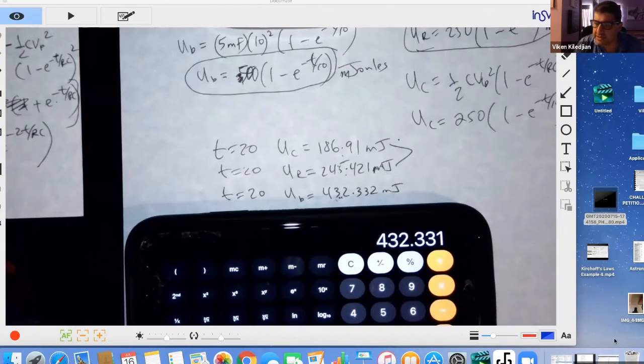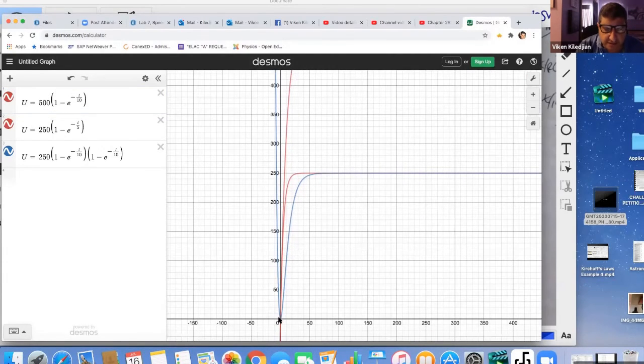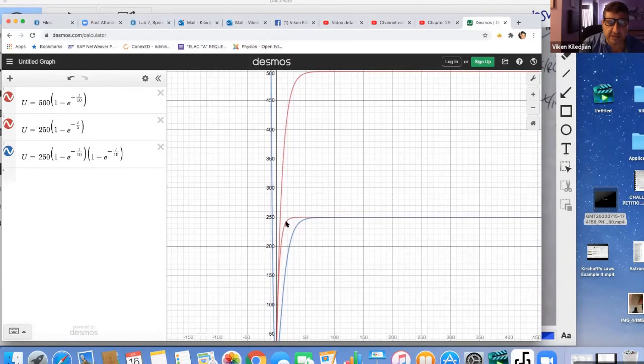So what's happening here from the graphs, it looks like initially the resistor is dominating. It takes a while for the capacitor energy to build up. So initially most of the energy goes into the resistor and is wasted. But then the resistor reaches its peak right there.